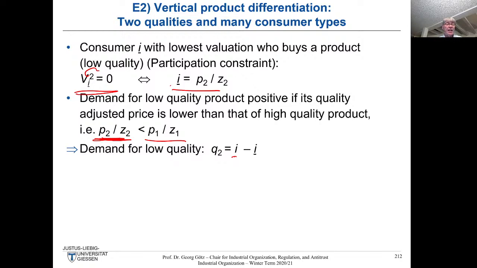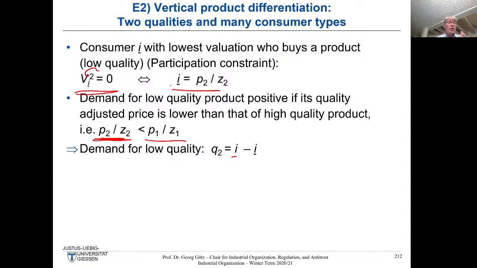And what does this tell us? The low quality is only demanded if the quality adjusted price is lower than that of the high quality. Can we give an even nicer example? Think in terms of batteries. Suppose you have two different batteries.